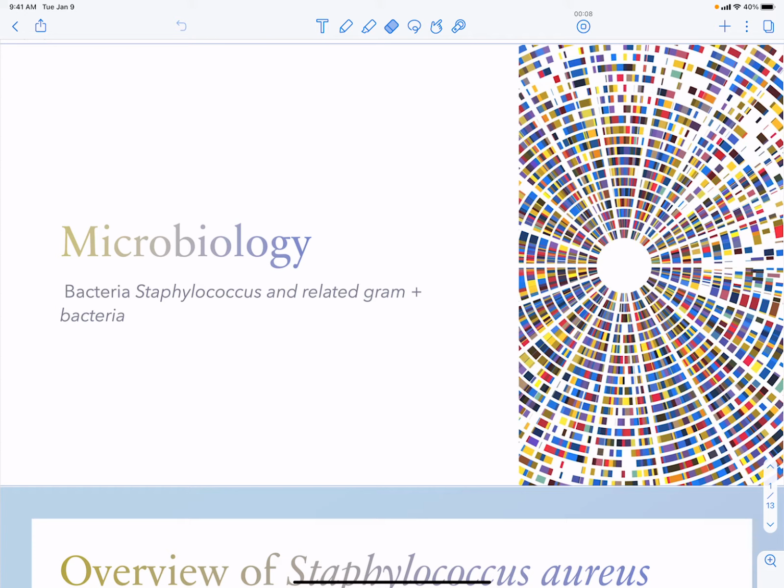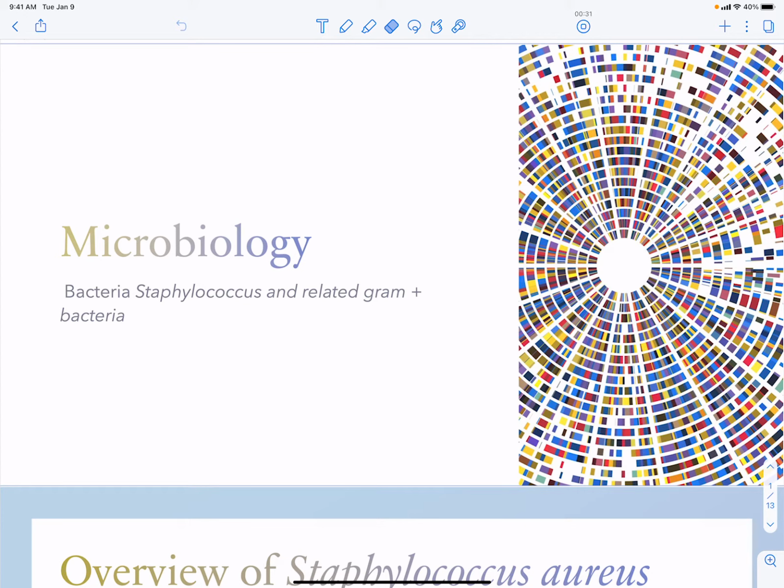Okay, so we are now going to talk about some specific bacteria. We're going to start by talking about Staphylococcus. Staphylococcus is a gram-positive bacterium, and it causes a lot of different diseases in humans, so it's a very important bacterium.